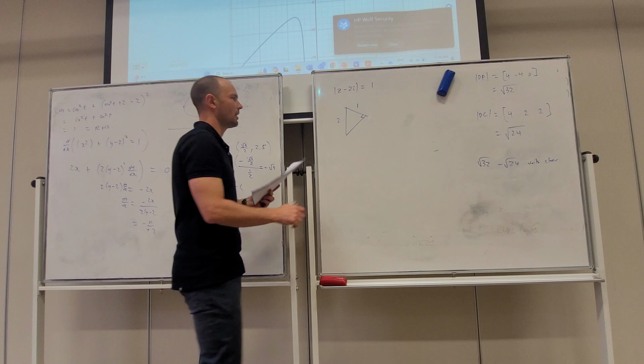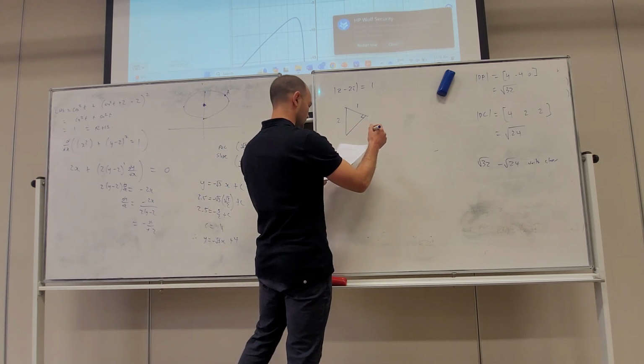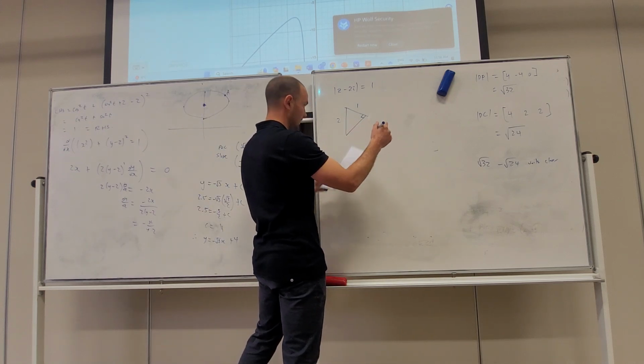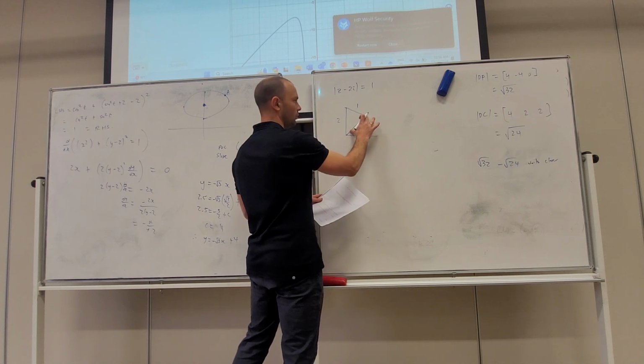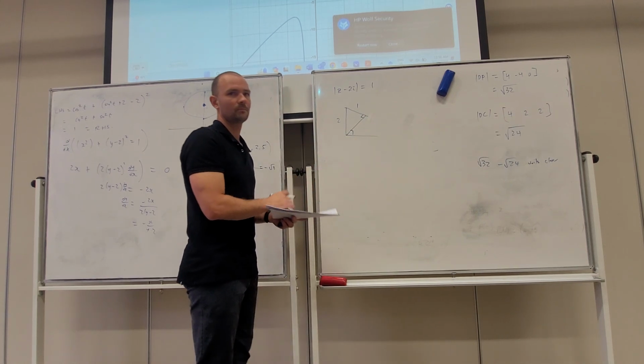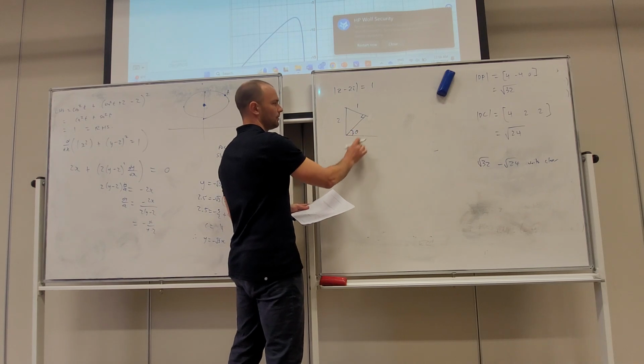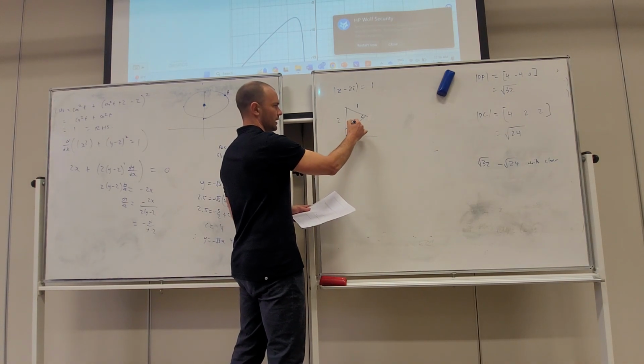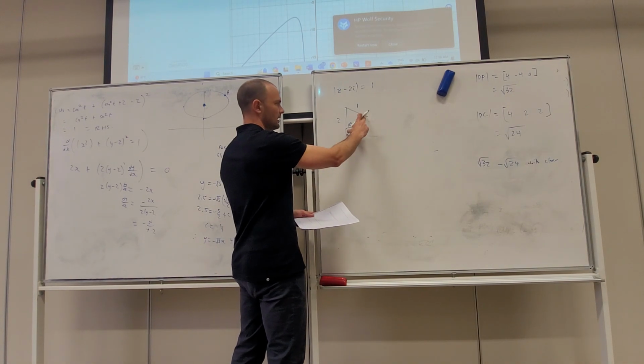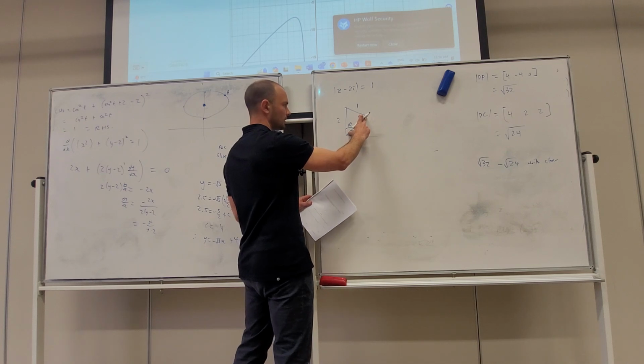All right, so if we want to describe P in polar form, we want to know the modulus and this angle. We'll find this angle by finding the interior angle and subtracting from 90, and the modulus we'll just use Pythag.